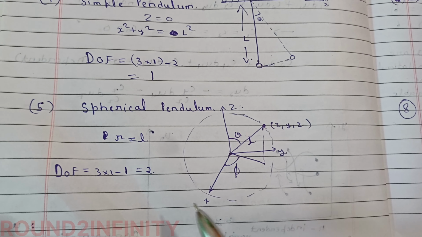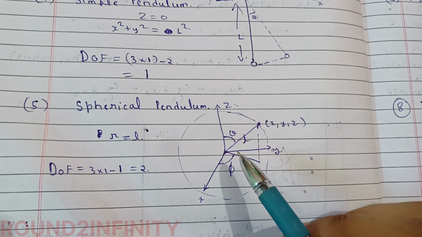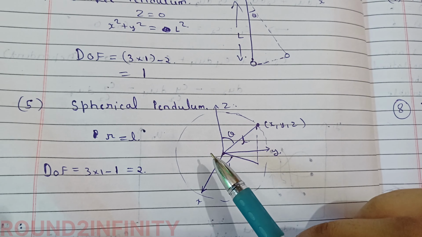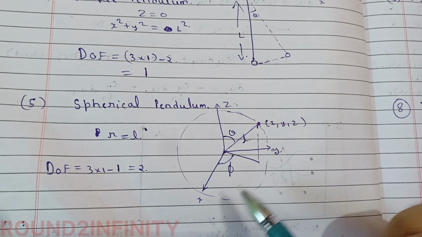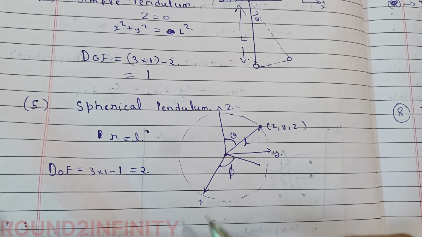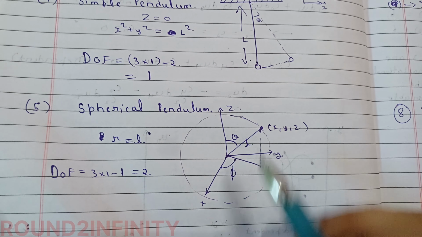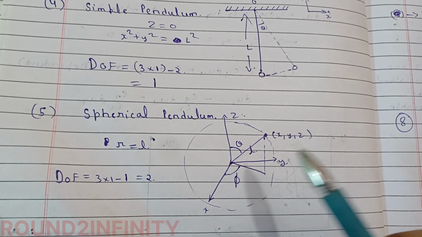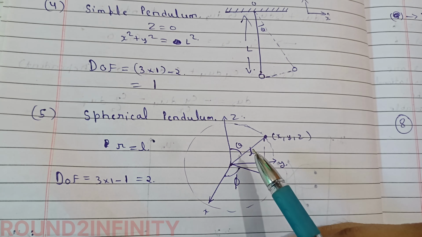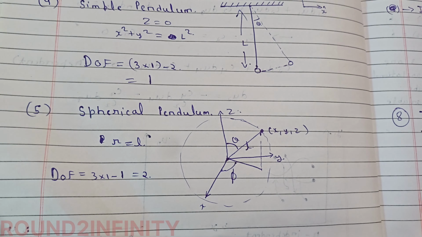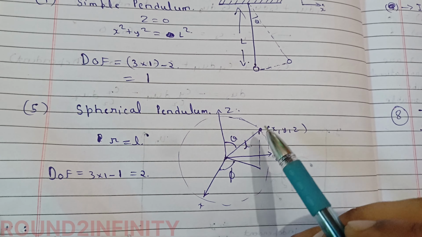For a spherical pendulum, you know what a spherical pendulum is, a bob that is free to move on the surface of a sphere, and this length will be fixed. So see, this length is nothing but the distance from the origin, so it will be x square plus y square plus z square equal to l square. We denote this length as r, so r will be l, this will be your one constraint, and there will be only this one constraint.